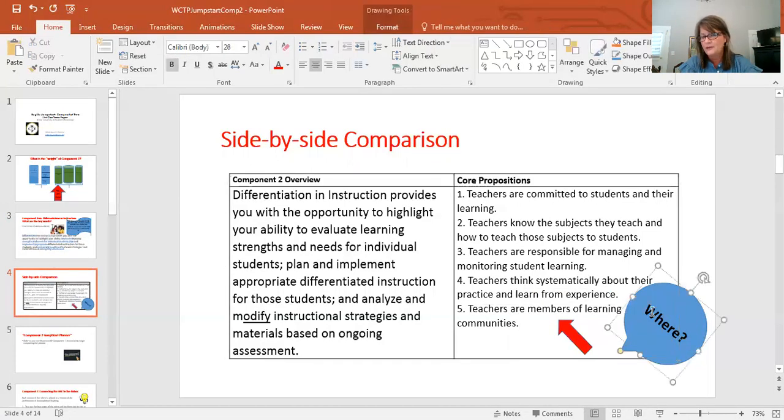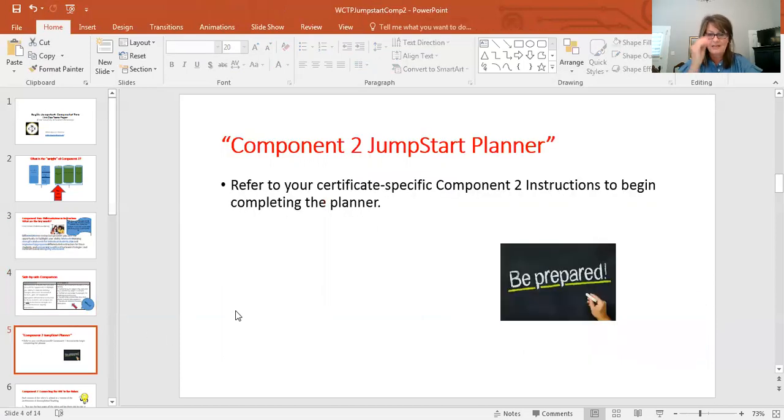So the question is, where do you put 5? Everywhere. Put it all throughout this learning sequence.